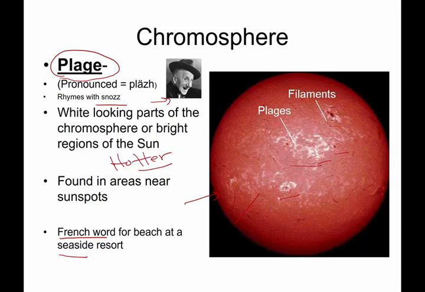Plage are typically found near sunspots. Sunspots appear darker. Here is a sunspot. There's a little one. There's a little one. Here is a little one. So there are some sunspots that will appear a little bit darker, and they are nearby plage, which are areas that appear lighter.